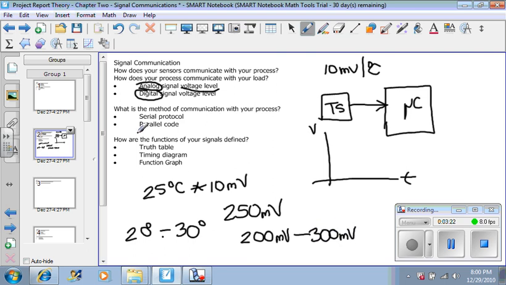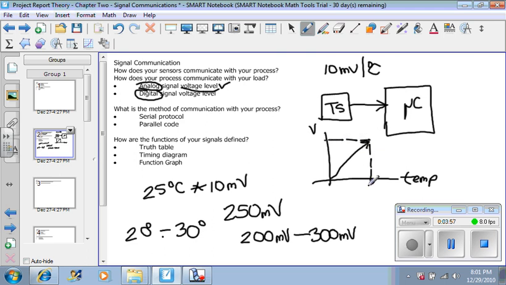So we've answered the first question about voltage level. And since temperature is something that just varies, it doesn't jump from one temperature to another, we can conclude that this is an analog. So this is temperature, sorry, and this is voltage.